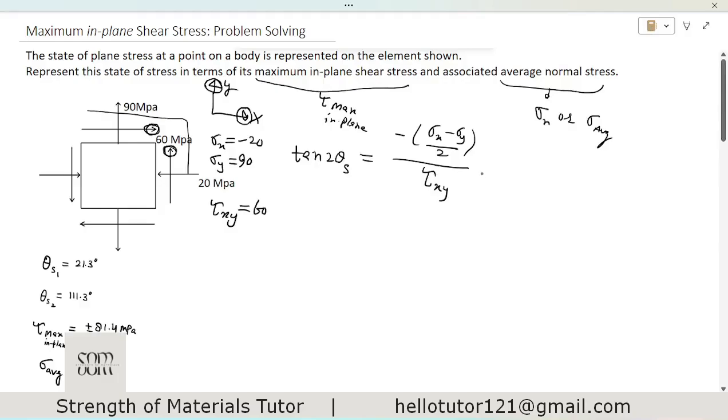Now based on this, we will be able to find tan 2 theta s. So it is negative, sigma x is minus 20 minus sigma y which is 90, divided by 2, whole divided by tau xy, which is 60. Let me use a calculator to find the value.